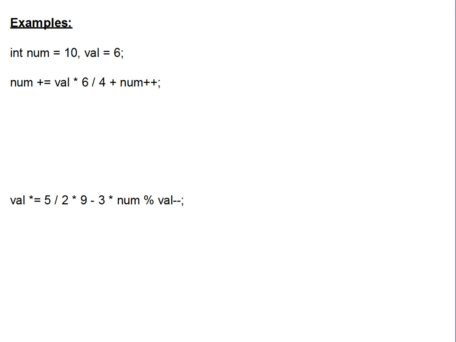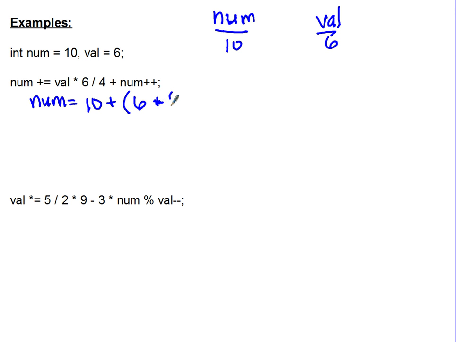And just some short examples going through all of that on both sides. So I'm going to go through and trace my code. Num is 10, val is 6, num plus equals val times, so num equals num plus, and then all of this goes inside parentheses. 6 times 6 divided by 4 plus num. Notice that the plus plus comes afterwards, so I use my original value for num.